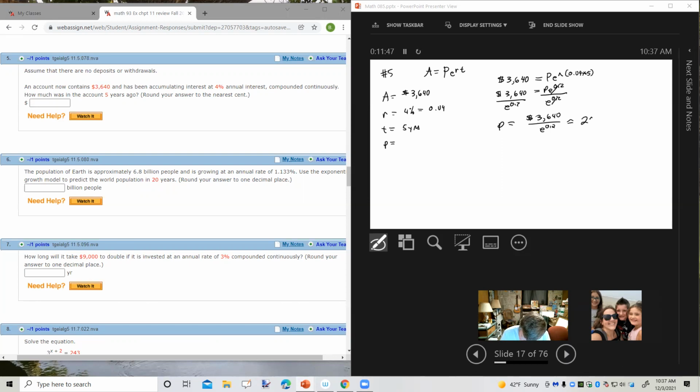I get 2,980.1179941. It says round your answer to the nearest cent. So that would be right here. One place over to the right, the 9 would round up.